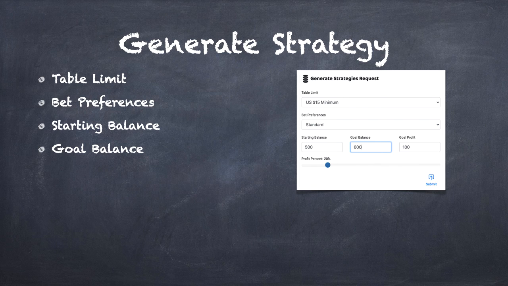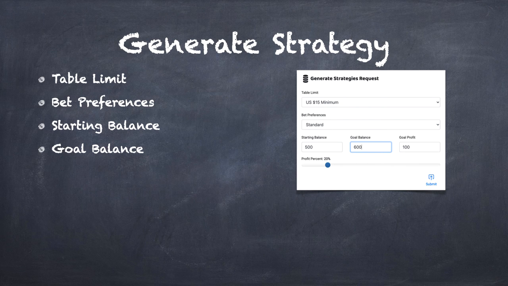And again, you can set up your own. And we're just trying to get from $500 to $600. All right. So the values that really matter are the starting and goal balances. The indicators down below with profit percent and goal profit are mainly just helper fields. But in the end, Roulette Cards is just going after starting and goal balances.